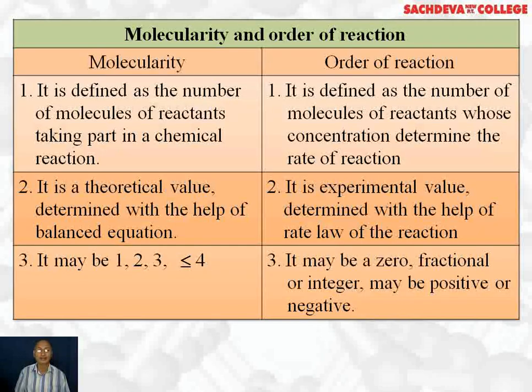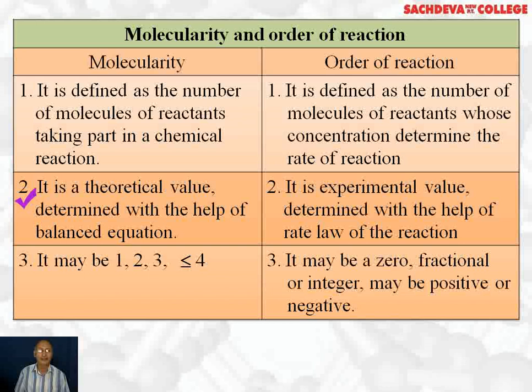Now we are going to take up molecularity and order of reaction. Molecularity is defined as the number of molecules of reactants taking part in a chemical reaction. Order is defined as the number of molecules of reactants whose concentration determines the rate of reaction, that is, whose concentration affects the rate of reaction.